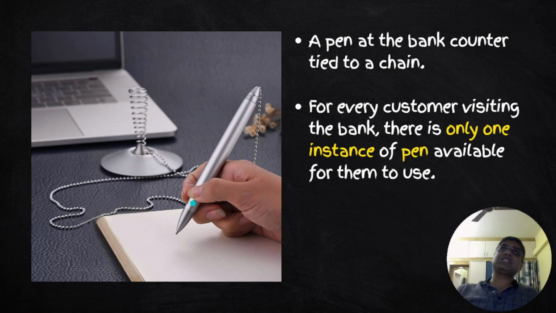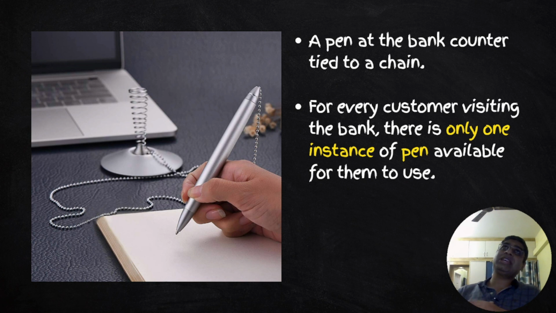Now let's try to understand the problem statement that they would have been trying to solve in the case of a bank. Everybody walks into the bank, right? And unfortunately they have to fill up some kind of a form to do some kind of a transaction, and a lot of people do not bring pen with them, right? This is a problem statement.